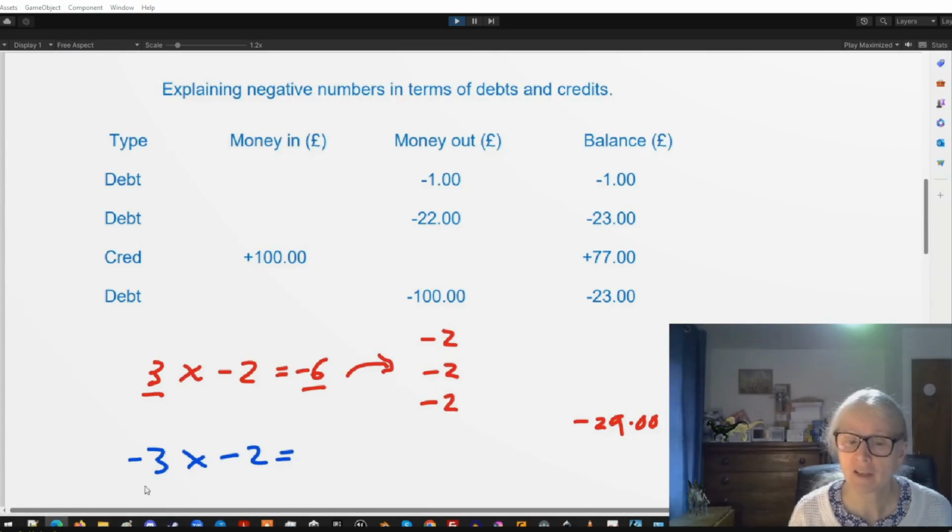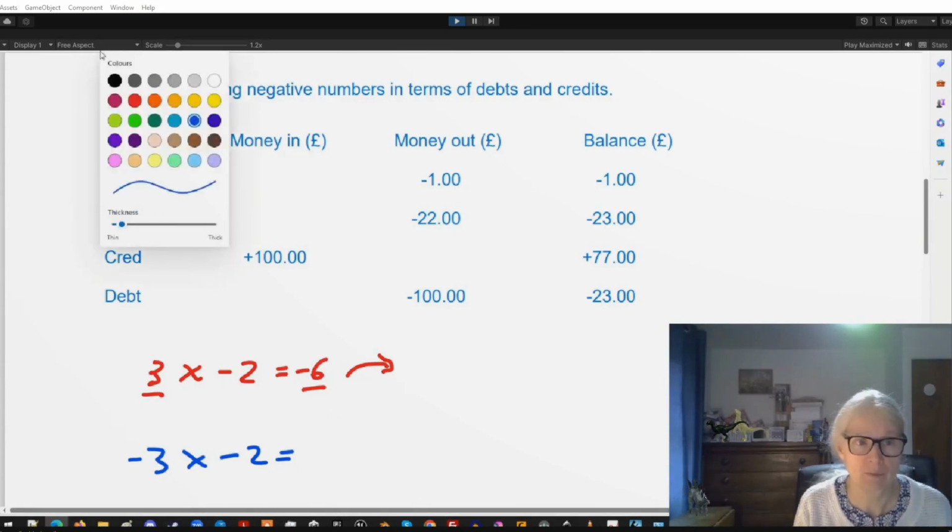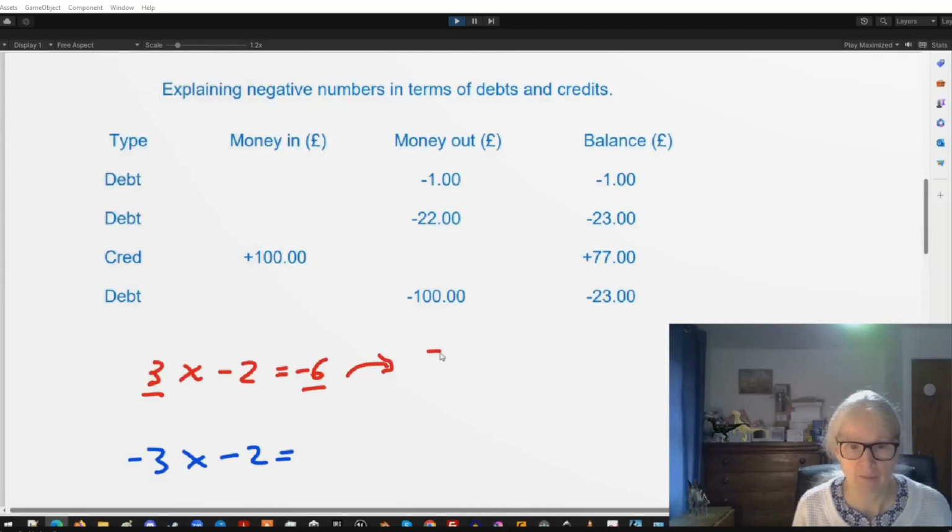So one way of thinking about taking away a debt of -2 3 times would be just to rub them out, just to take them away and go back to the -23. But another way of thinking about it, put back in red, -2, -2, -2, -29.